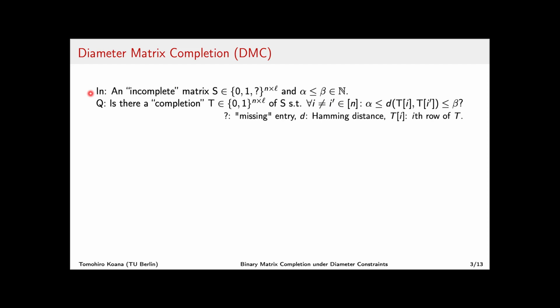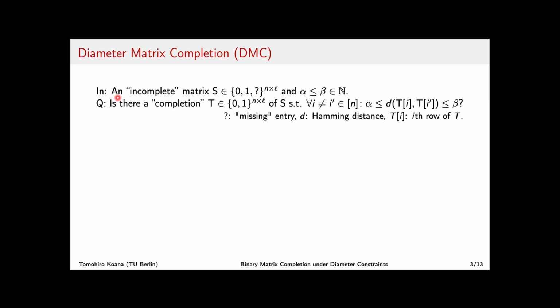Let us define our problem more formally. So consider some matrix S with n rows and l columns, where each entry is 0, 1, or question mark. Here question mark represents a missing entry, and we say that a matrix is incomplete whenever it has a question mark. Additionally, as input, we are given alpha and beta that are integers.